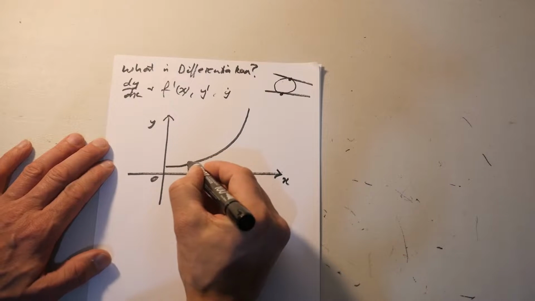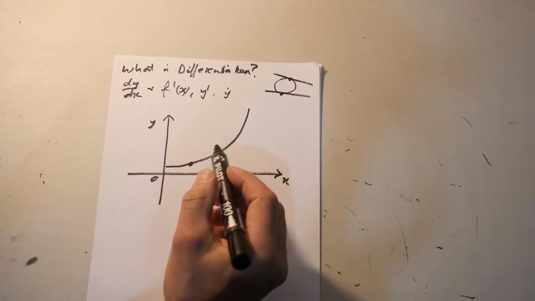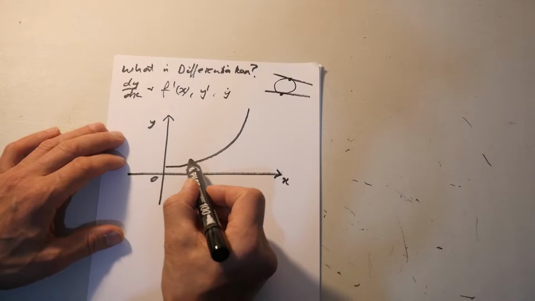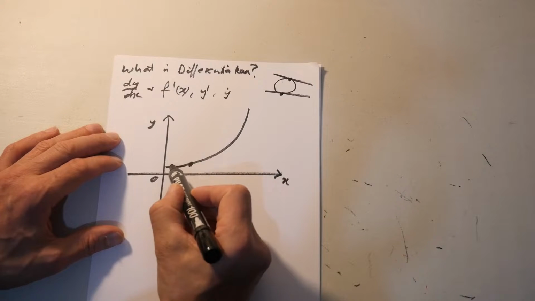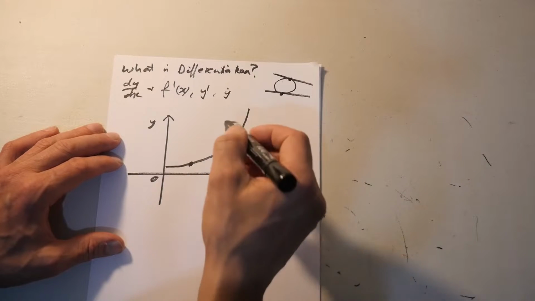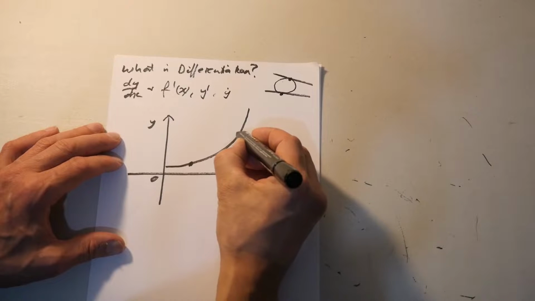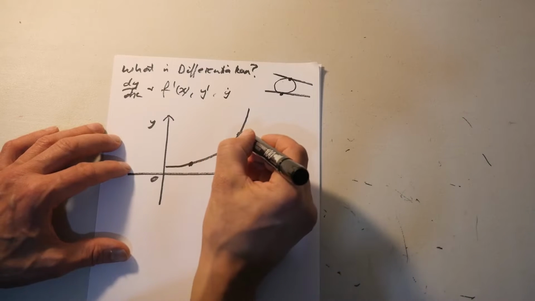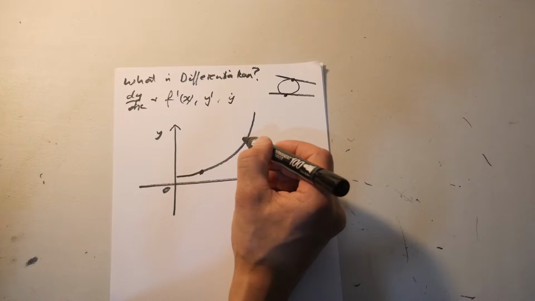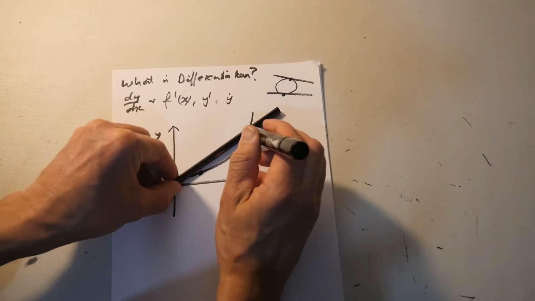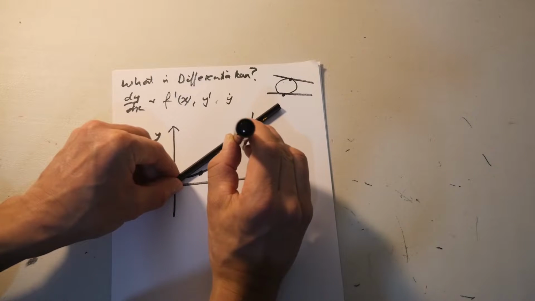So if you want to work out the gradient of, say, that point there on the curve, you can imagine that's further up, and you take another point here, and you draw a line between them like that.